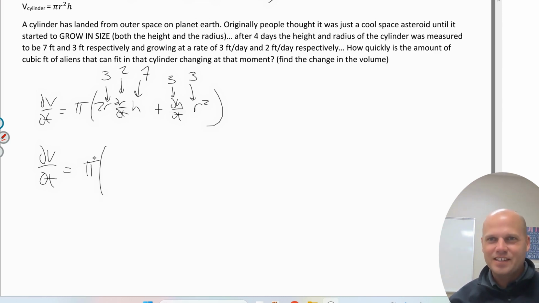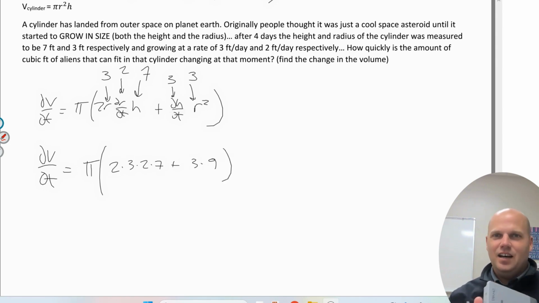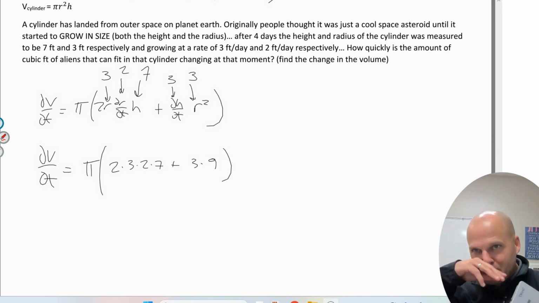Cubic feet of aliens. I made this question. Just wanted to make sure you guys remember the product rule for the last couple questions. Because we did the quotient rule, but we hadn't seen much product rule in this unit. So 2 times 3 times 2 times 7 plus 3 times 9 pi cubic feet per day.